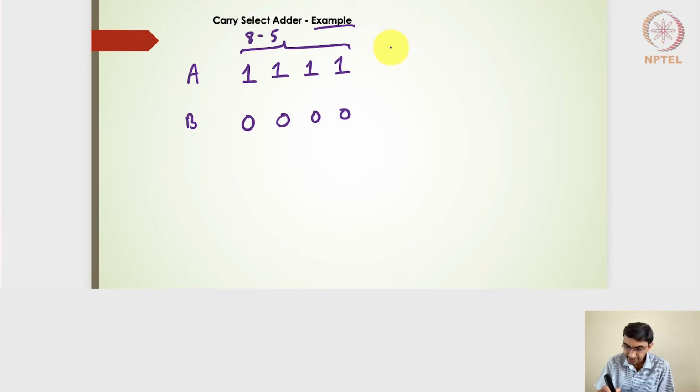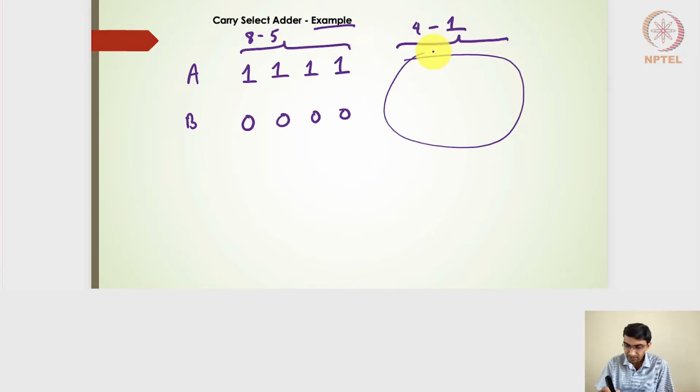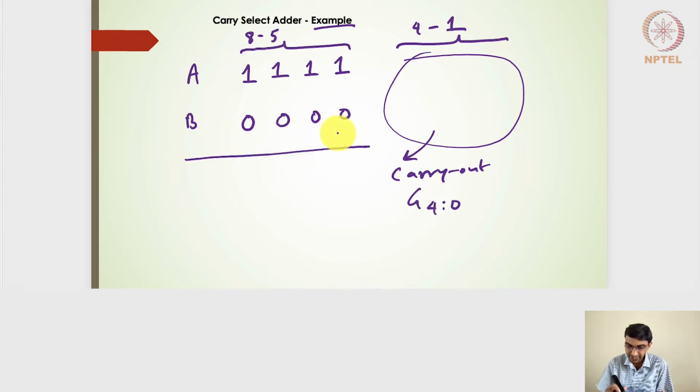And here the 4-bit to 1-bit addition, whatever the number, will generate a carry out, which is nothing but G4 to 0. I'm not going to write here whether it is 1 or 0 at this point of time. Let's say that I'll do the addition here for 8 to 5, so I will get the sum bits here, and I'll write it as sum 8 to 5.